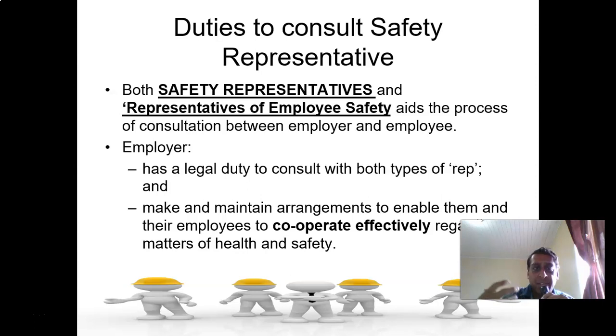The second person, the representative of employee safety, is not a member of a trade union, and does not even have to be a safety advisor or safety professional at all.